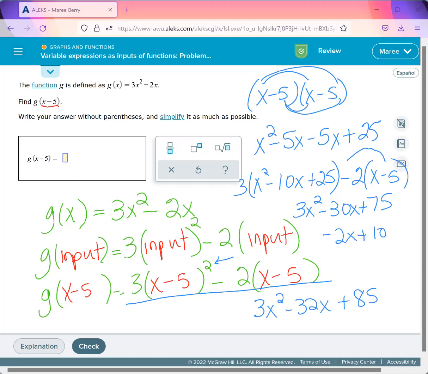So our final answer will be 3x squared minus 32x plus 85.